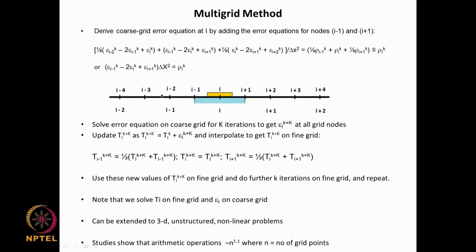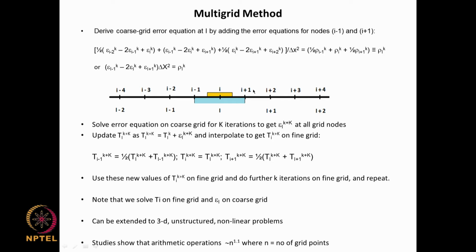So, you solve the original equation in terms of the true variable, in this case temperature, on the fine grid, and after doing a certain number of iterations you estimate the residual and then you solve the error evolution equation on the coarse grid. Okay. So, once you get the error estimate on the coarse grid, then you estimate the solution on the fine grid, and then with this improved solution you do further error reduction, and then after that you come back here.